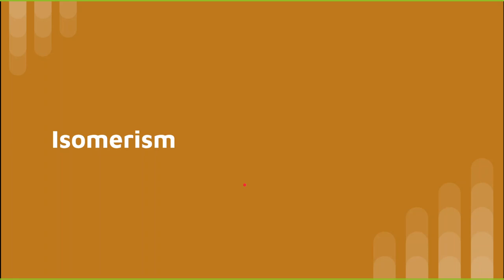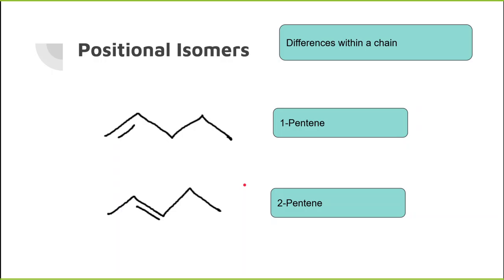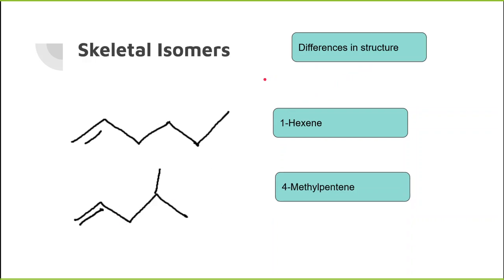Okay, isomerism and esters. So we talked about before that you could have positional isomers, sorry, it's getting late, guys. Positional isomers. This is just kind of a review. We had 1-pentene and 2-pentene. Its differences within the chain is a positional isomer.